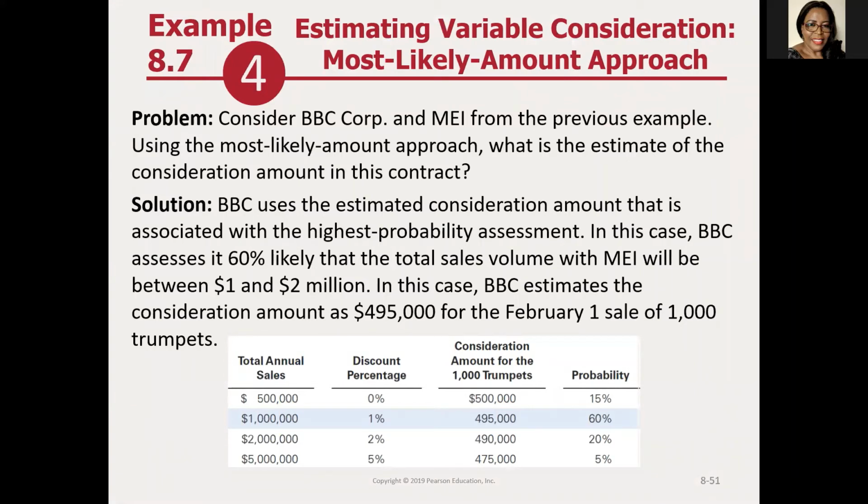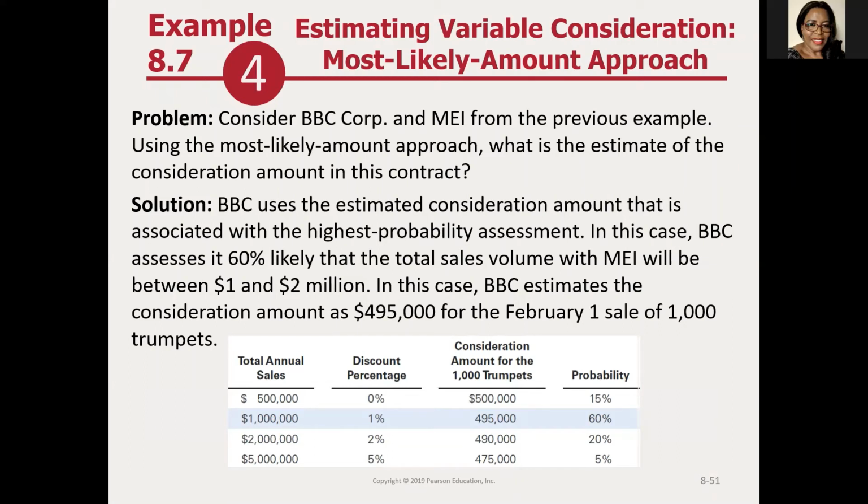And here's the problem. We're considering BBC Corporation and MEI from the previous example. Using the most likely amount approach, what is the estimate of the consideration amount in this contract? So BBC uses the estimated consideration amount that is associated with the highest probability assessment.